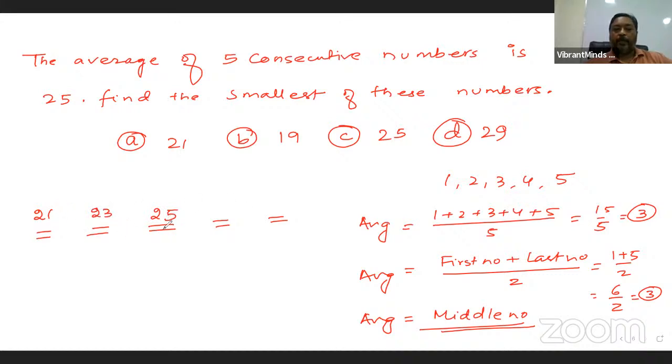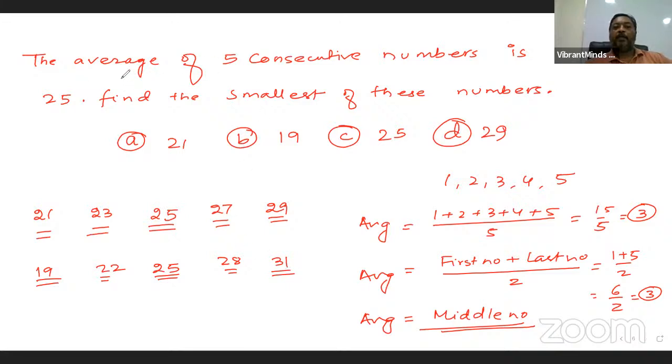I have a difference of 2 at each step. So my smallest number may be 21. But let's say I am taking 19. First number 19, and this number is 25. What is the difference here? 6. So can I say my largest number with a difference of 6 will be 31? And I can divide this 6 into 2 parts of 3. The next number will be 22, and this will be 28. Again, these are consecutive numbers. Here the difference is 3.